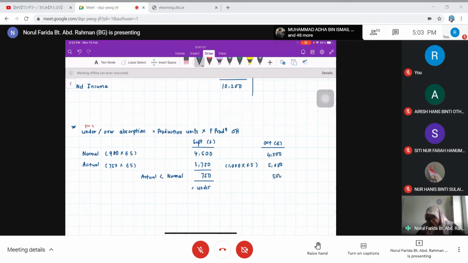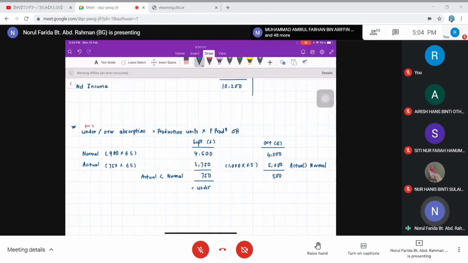So you have a difference of 500. Your actual is 5,000, your normal is 4,500, so your actual is more than your normal. So this is over absorbed. When over absorbed, we will add.